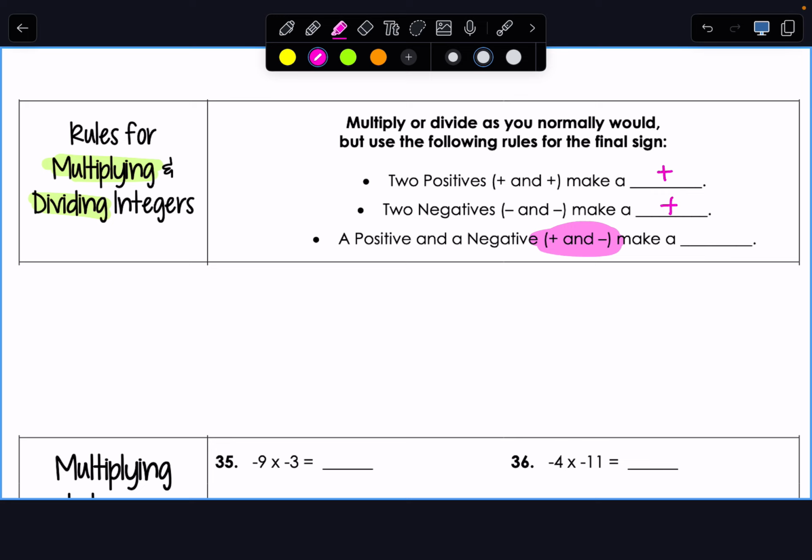A negative number. Okay. So two positive numbers that are multiplied or divided give us a positive product or quotient. Two negative numbers that are multiplied or divided will give us a positive answer. But if we have one positive, one negative, our answer is going to be negative.